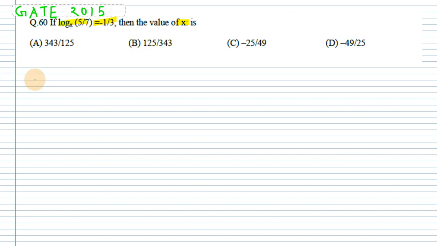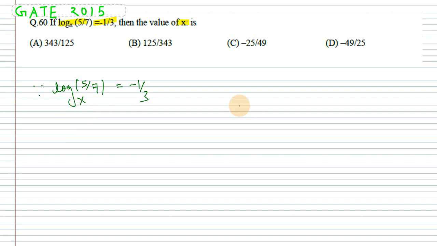So they have given log base x of 5 by 7 equals minus 1 by 3, and they have asked about the value of x. So we have to simplify this and find the value of x.